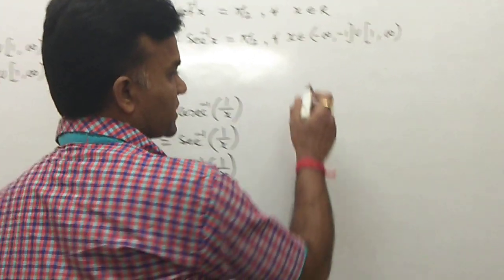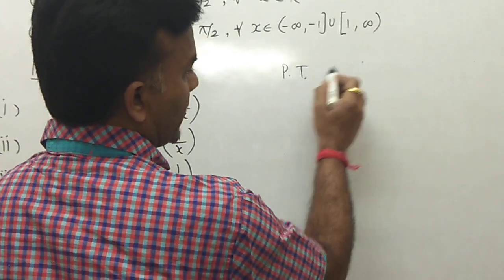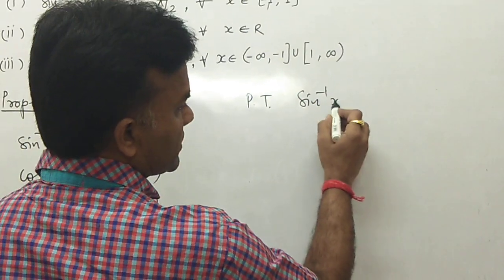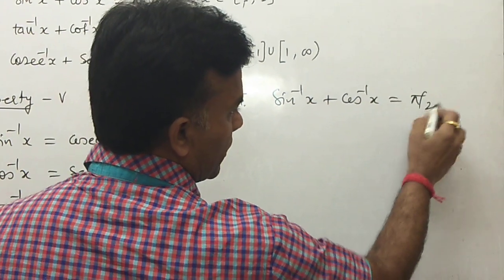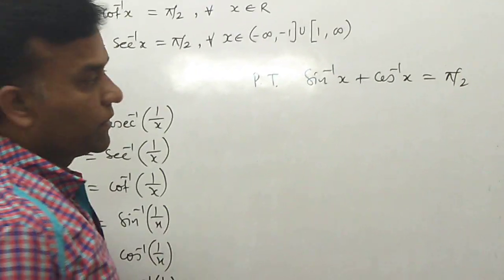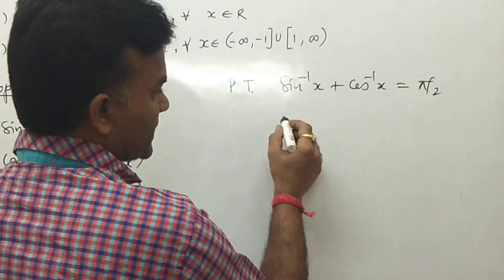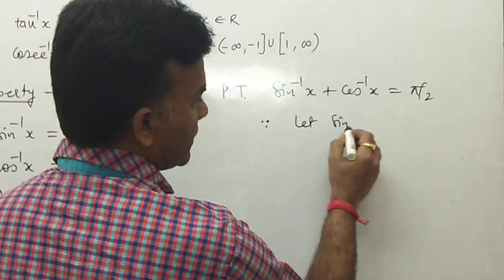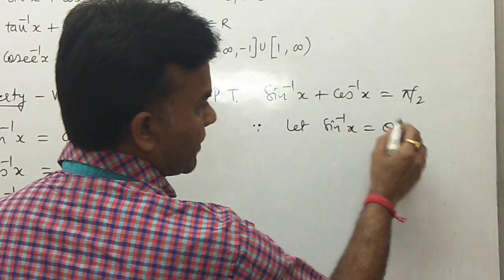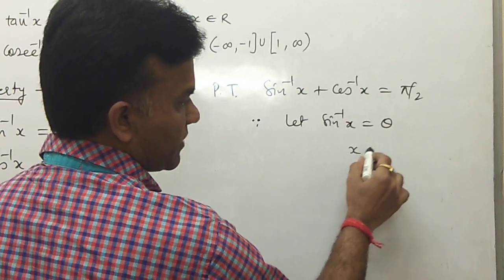First, I have explained this property for sine inverse x and cos inverse x, how it works. So prove that sine inverse x plus cos inverse x equals pi/2. Here we describe how it is pi/2. First we assume sine inverse x equals theta, so x equals sine theta.